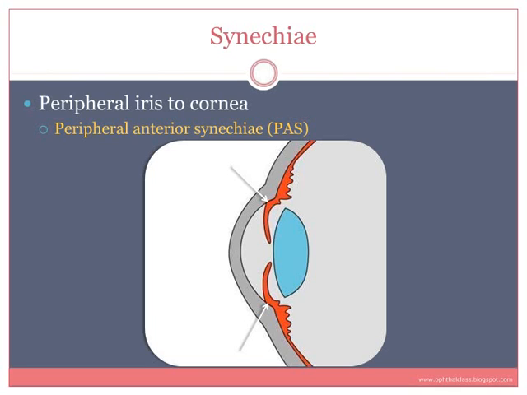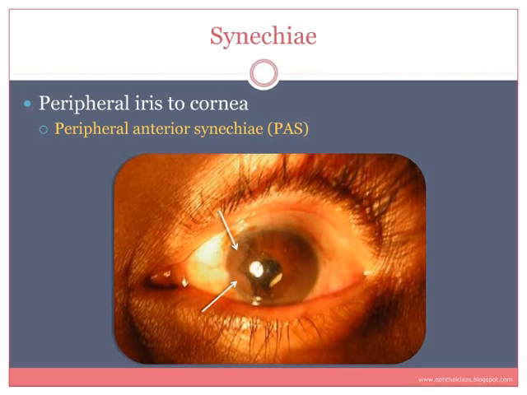The peripheral iris is very close to the cornea at the angle of the anterior chamber. Here it can get stuck to the angle, and this is called peripheral anterior synechiae. The diagram represents peripheral anterior synechiae. This closes the trabecular meshwork and the pathway of the aqueous is blocked. This photo shows areas of peripheral anterior synechiae in the nasal part of the iris.